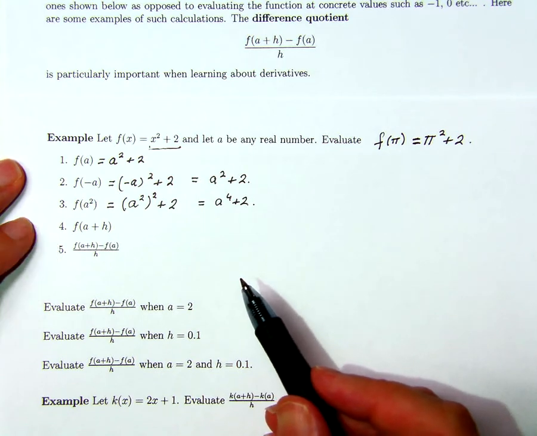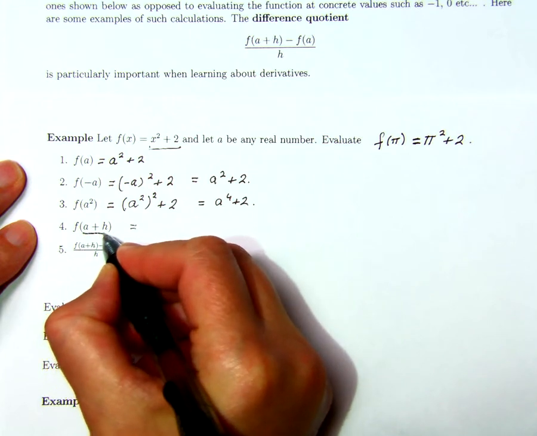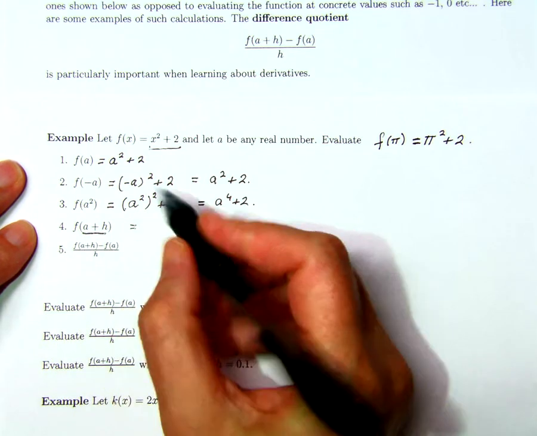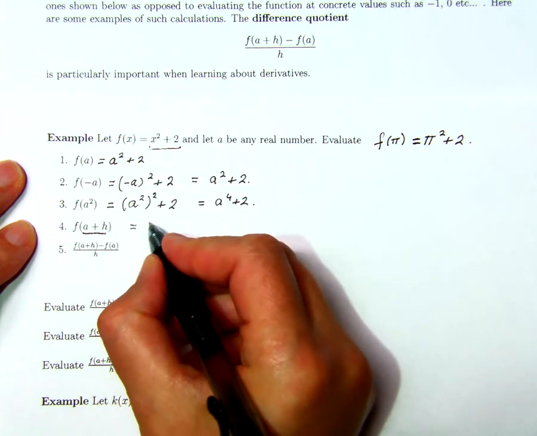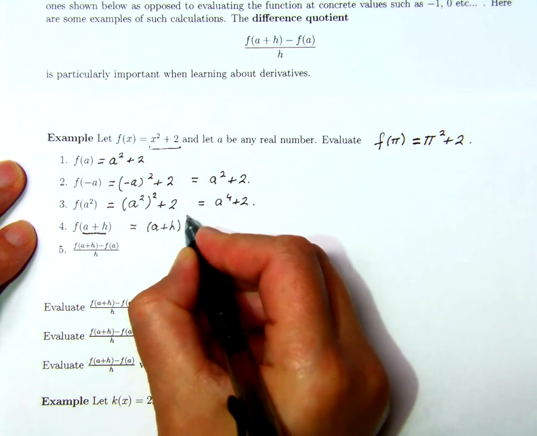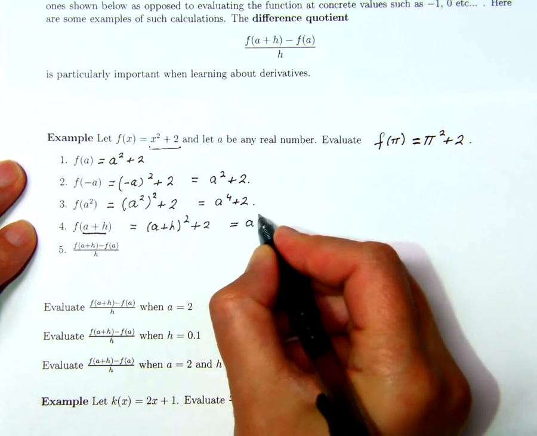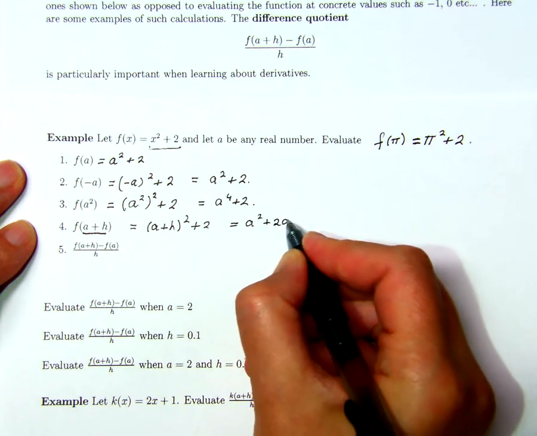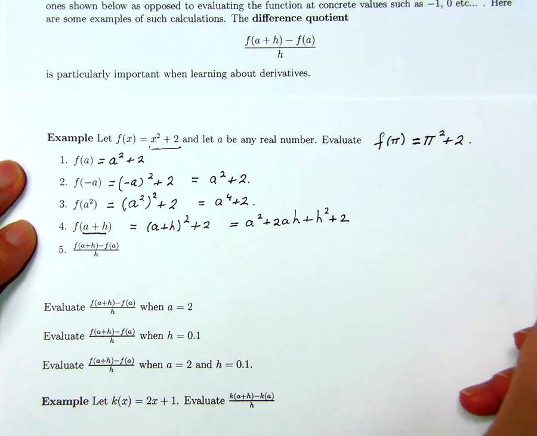What about f of a plus h? Well, now I've replaced x by a plus h, so I must replace every x in the formula by a plus h, and f of a plus h is a plus h squared plus 2. Now I can expand that. It's a squared plus 2ah plus h squared plus 2.